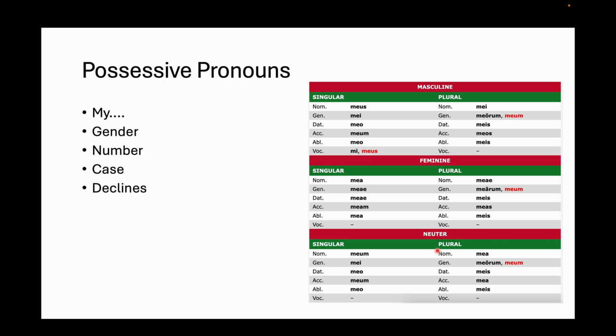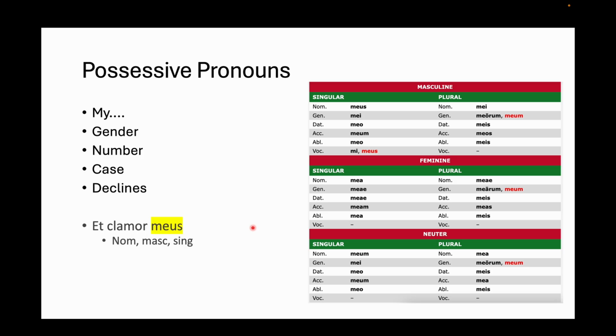So if I wanted to say, my God is a masculine noun, so I would use my in the masculine, even though I am a female, right? Or if I wanted to say my Trinity is a female noun, I would use a female possessive pronoun, right? Okay, and again, there's also gender, number, case, and it declines, right?